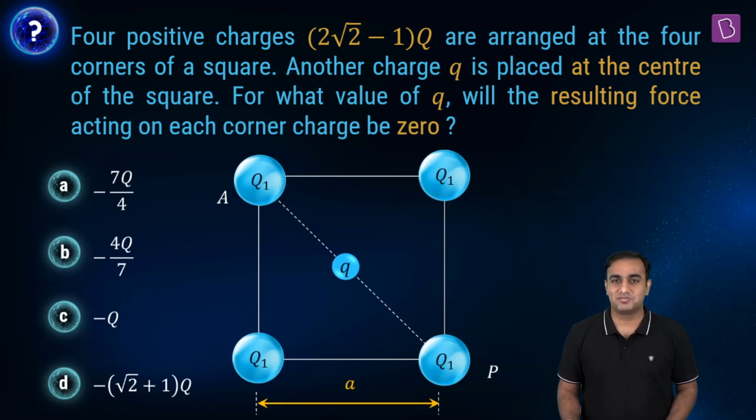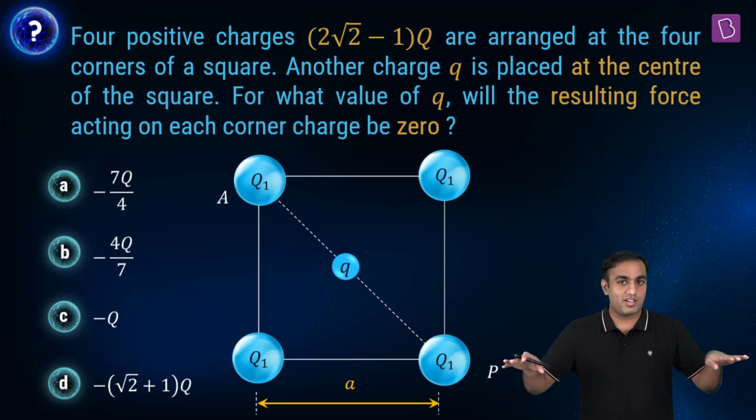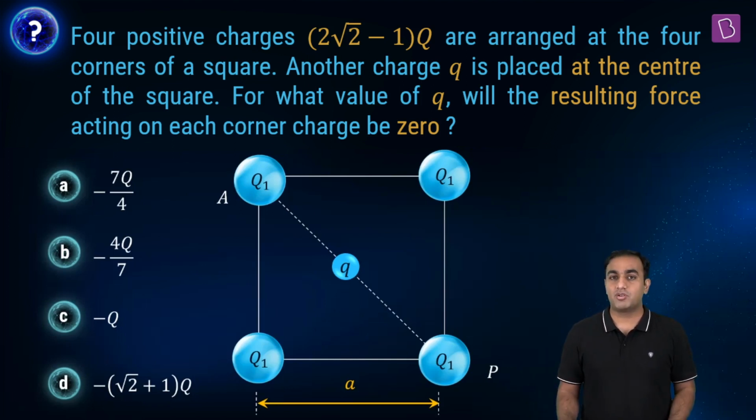How do we do that? Well, this is a regular square in the horizontal plane. If we are considering the net force acting on either of these corner charges to be 0 in this horizontal plane, then we need to consider the forces acting on either of these charges in the plane itself.